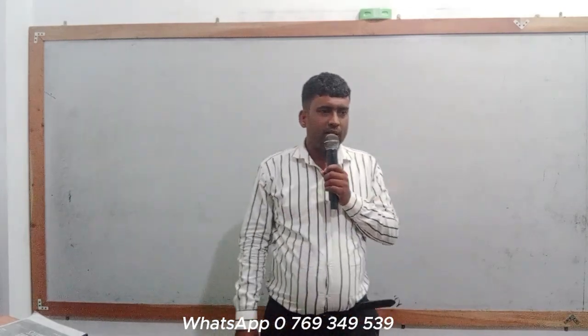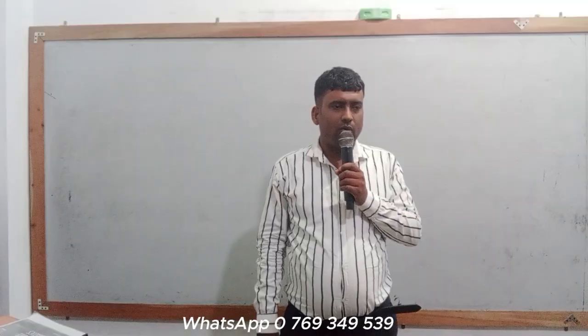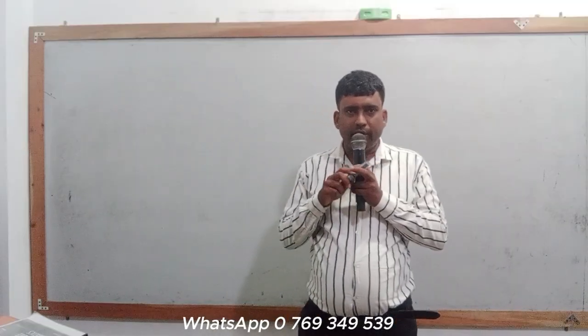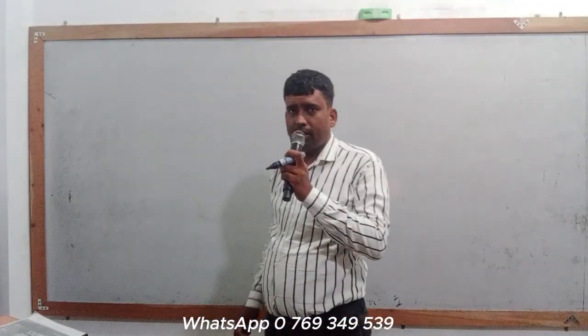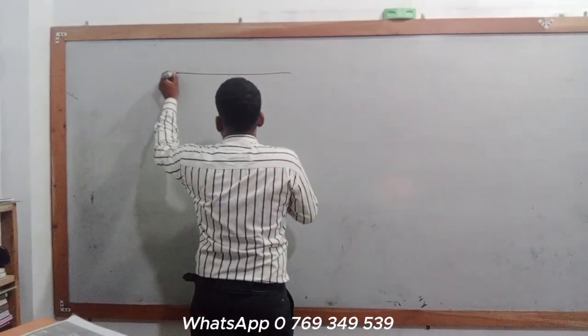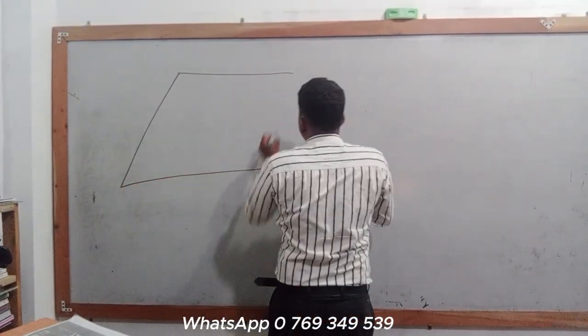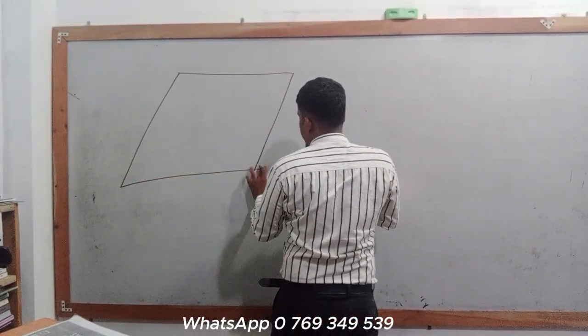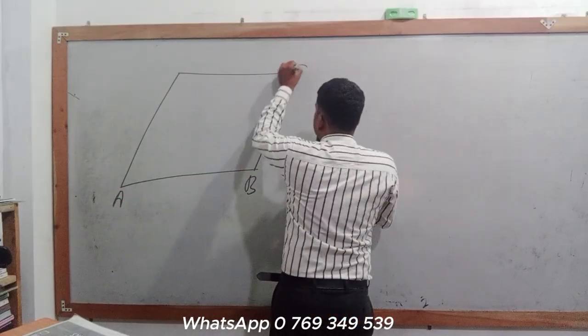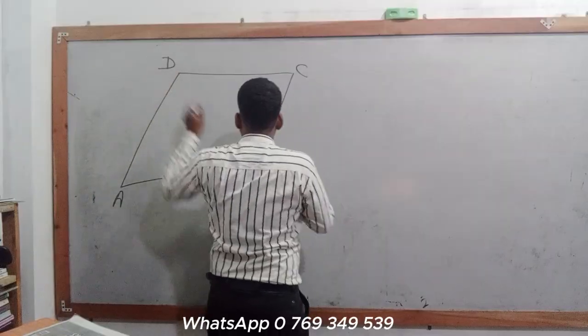In the parallelogram ABCD, coordinates of a point ABC are given. Right? This is parallelogram ABCD. A, B, C, and D.